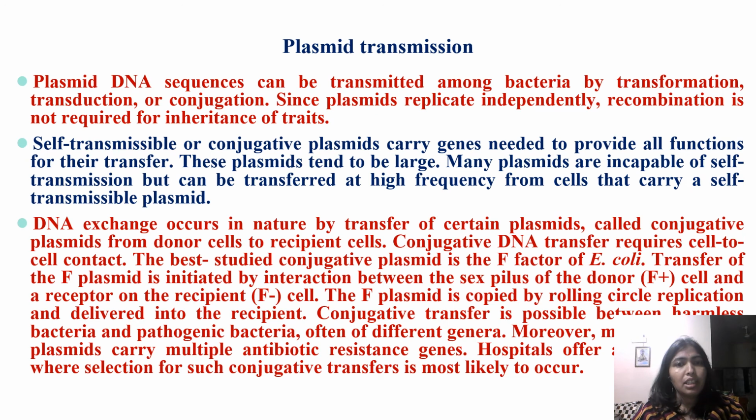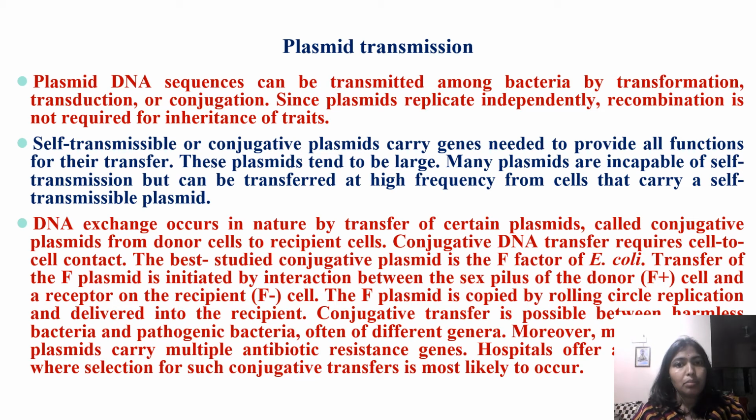And the next slide is plasmid transmission: how plasmids are transmitted from one cell to another. Plasmid DNA sequence can be transmitted among bacteria by transformation, transduction, and or conjugation. So these are the three important transmitting processes: transformation, transduction, and conjugation.